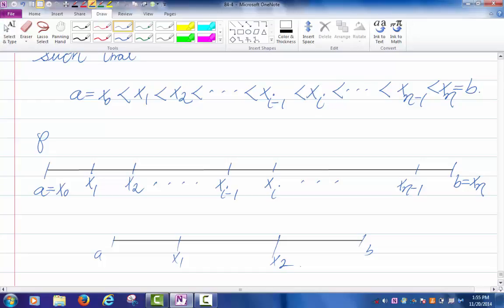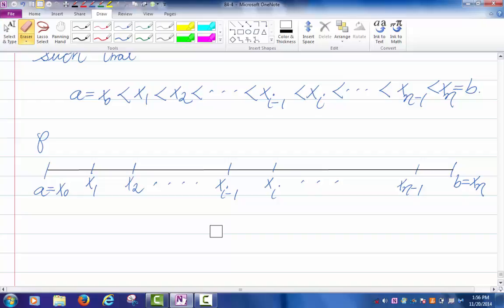If I have 5 partition points, how many subintervals do I get? 4 of them. So how many partition points do I have when I use n? I have n plus 1 partition points, x0, x1 up to xn, so there are n plus 1 partition points.